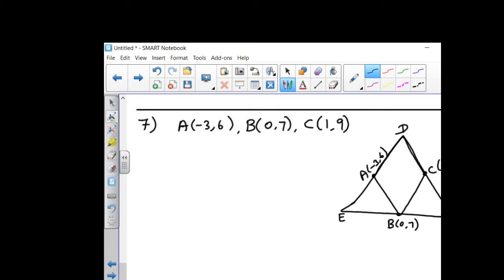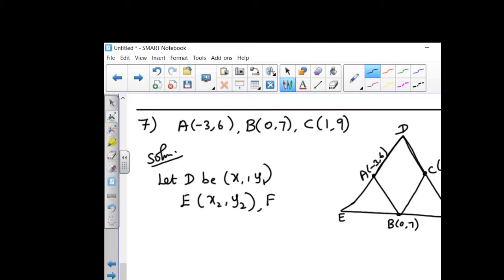Okay. So what we want to do? Already we did the method. If you know the midpoints, from that we are going to find the vertices of the triangle. So first we can write, let D be x1 comma y1 and E x2 comma y2, then F x3 comma y3.